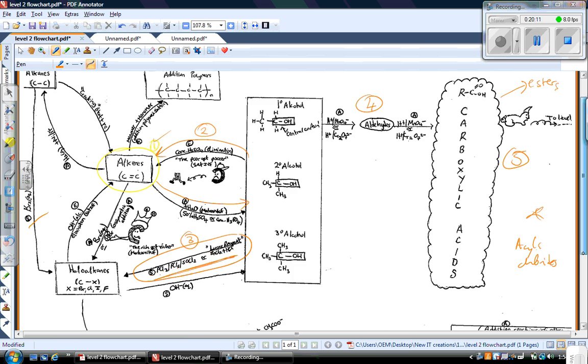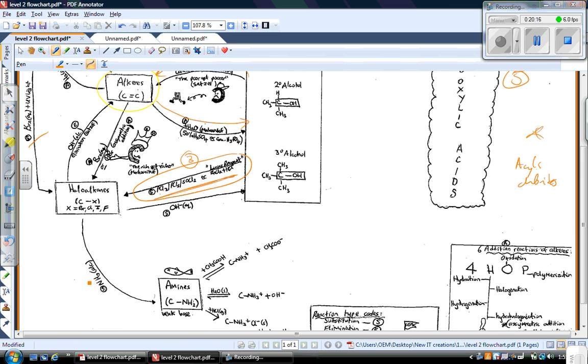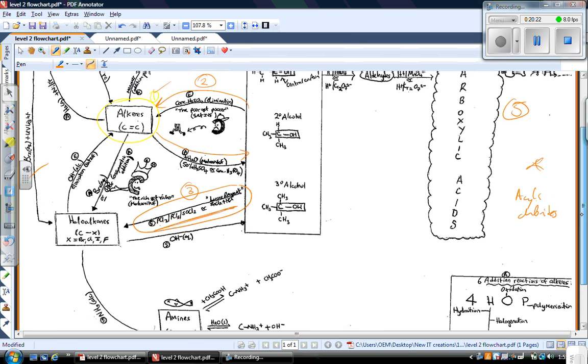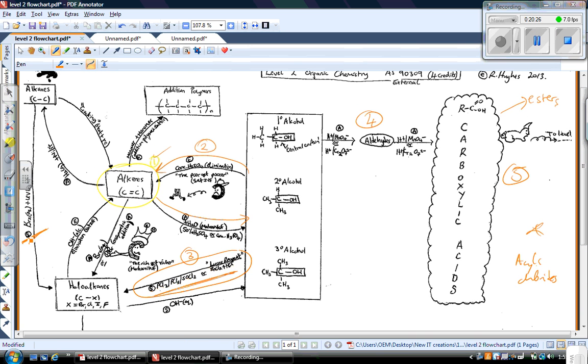You can have substitution of ammonia, which is also a nucleophile because of its lone pairs, and that can make an amine. Simple enough process. And you can also have substitution of bromine on an alkane to form a haloalkane. So there are the major examples for substitution from the level 2 poster.